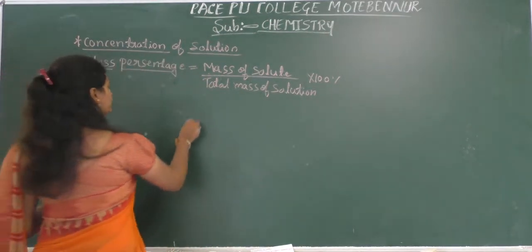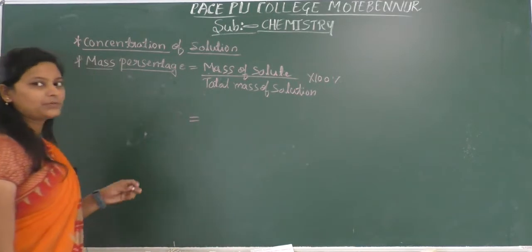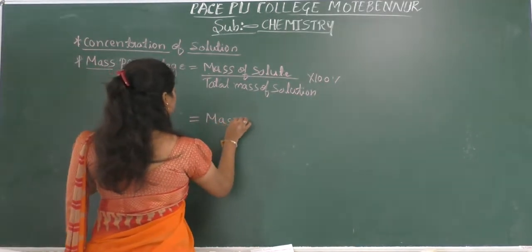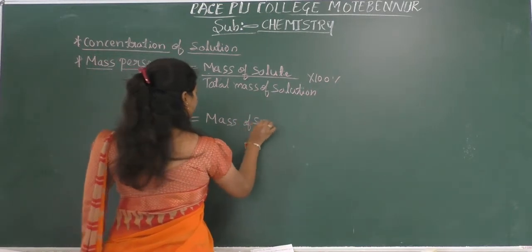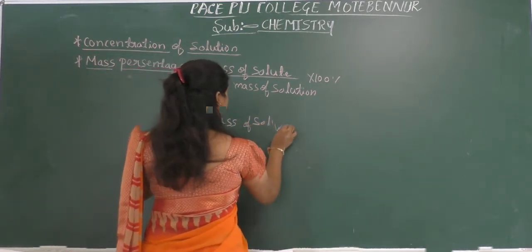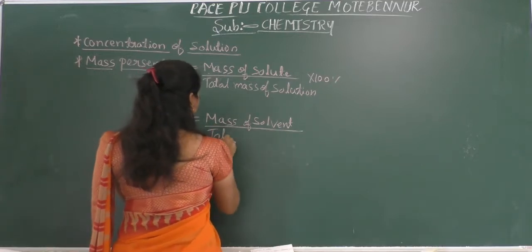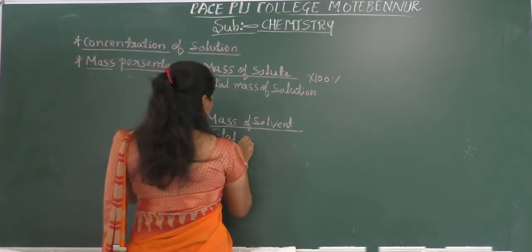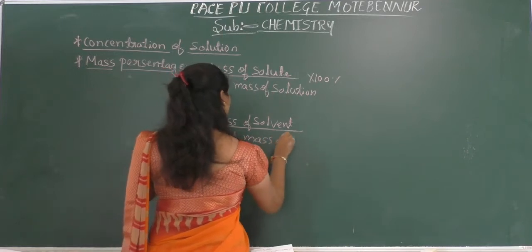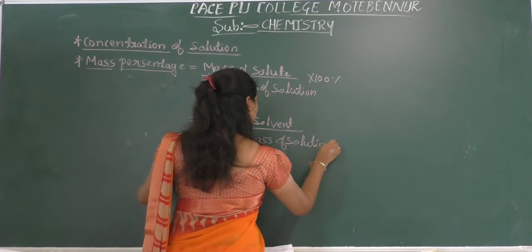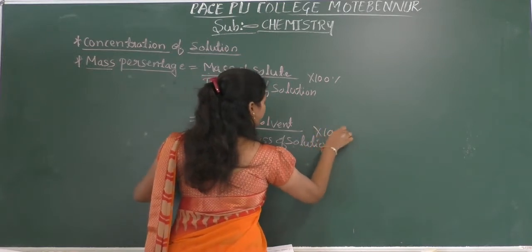So if we are going to calculate the mass percentage composition of a solvent, then we have to use mass of solvent divided by total mass of solution into 100.